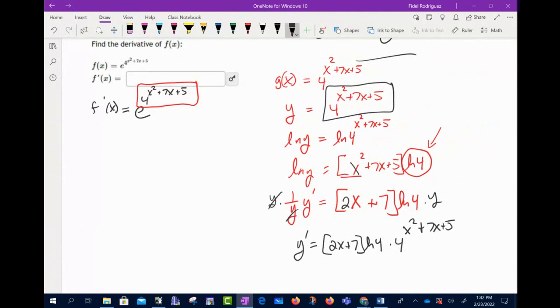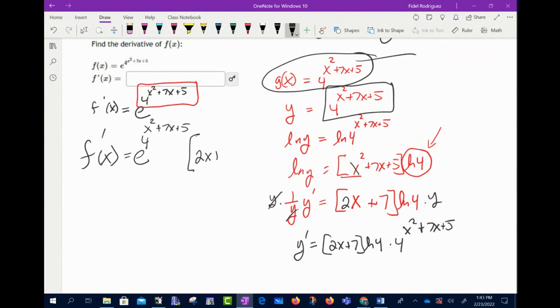So what did we just do? We took the derivative of that exponent. So my final answer, f prime of x, is e to the power 4 to the x squared plus 7x plus 5 times 2x plus 7, natural log of 4, times 4 to the power x squared plus 7x plus 5. Let me clean this up a little so I've got more room.